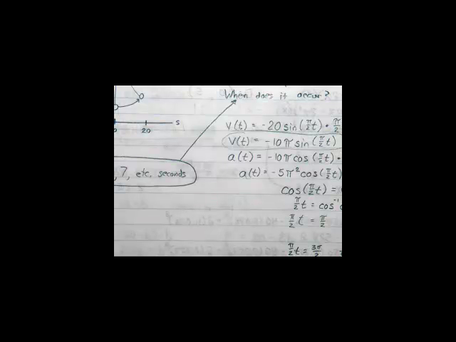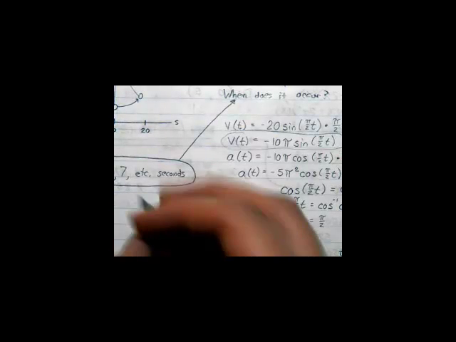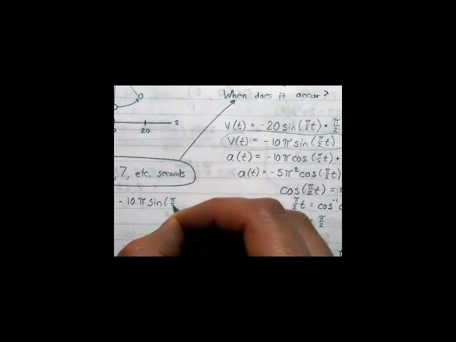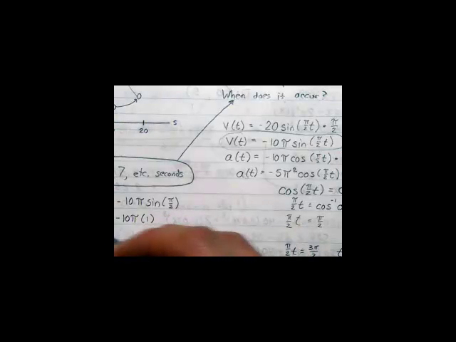So I could take any one of those numbers and plug it in here. Let's try the 1. So v of 1 is negative 10 pi sine(pi over 2). Sine of pi over 2 is 1. So it's negative 10 pi.